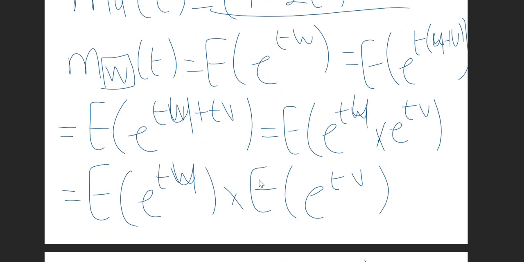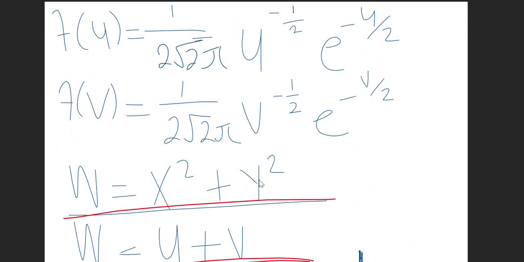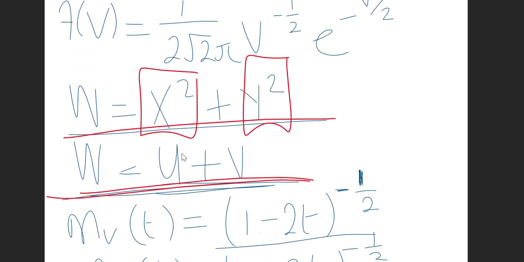Recall that we now need the bounds. We took the square of a standard normal distribution, and it is a chi-square distribution with 1 degree of freedom, and the bounds of a chi-square distribution are 0 less than u less than infinity, the same as, since u and v are chi-square distributions, 0 less than v less than infinity.